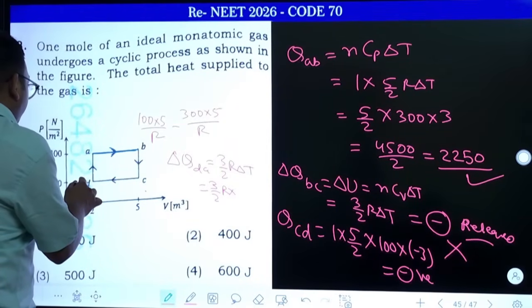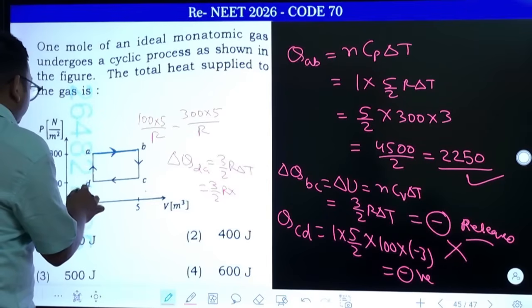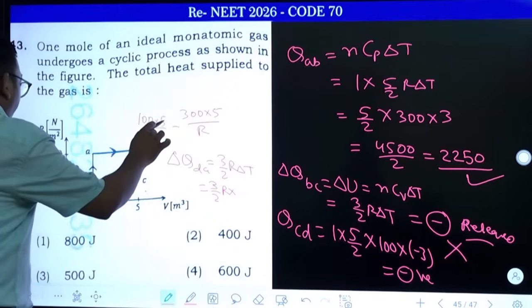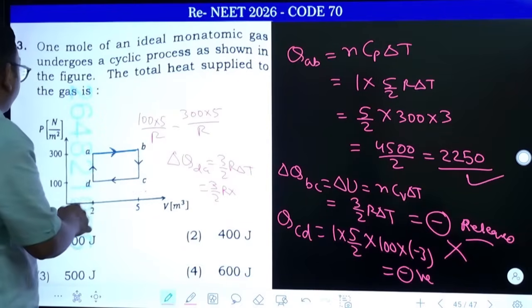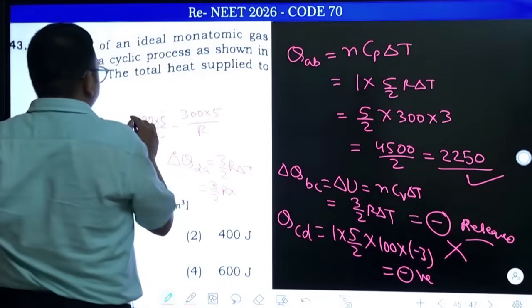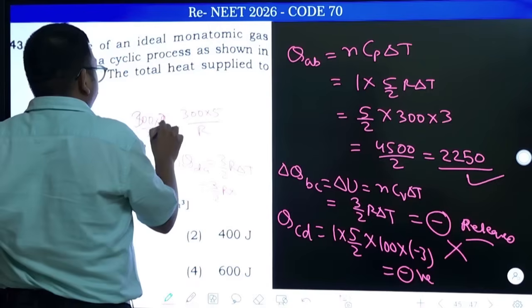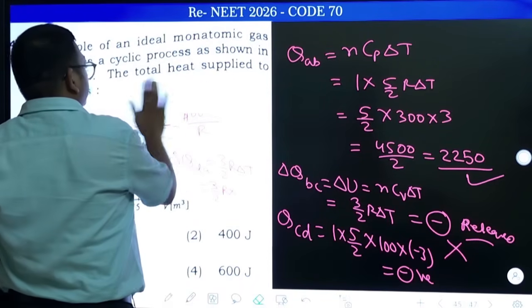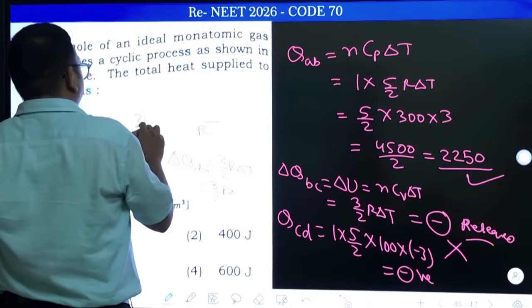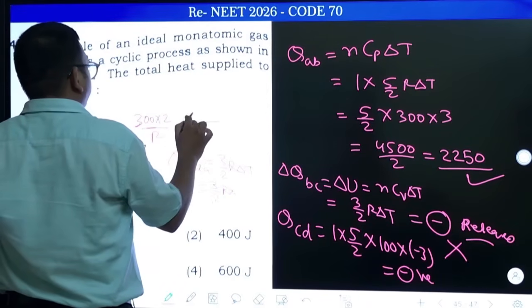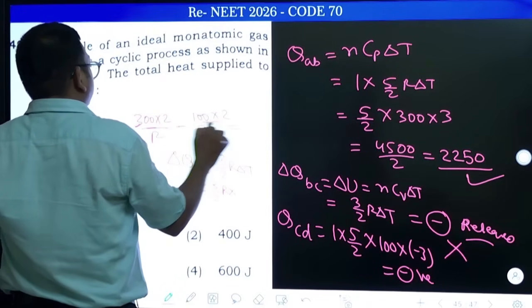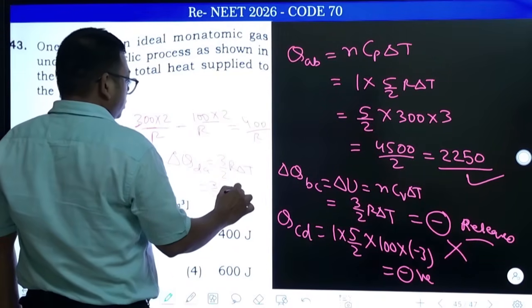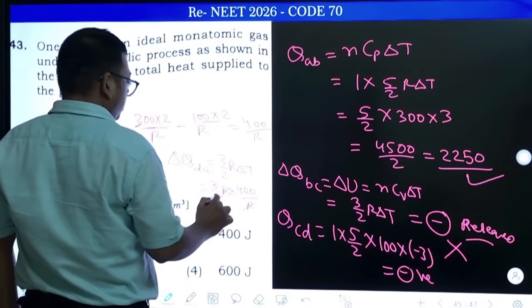So here pressure into volume, here 2 will be there, correct? So here it will be 300 into 2, and this will be 100 into 2. So 300 into 2 minus 100 into 2, 600 minus 200, 400 by R it will come.